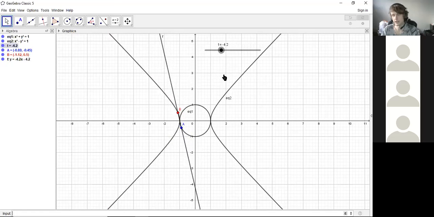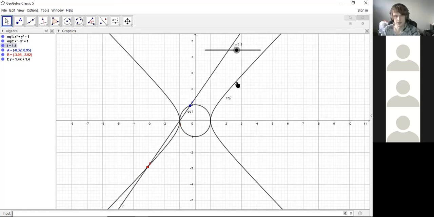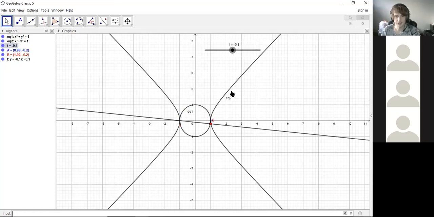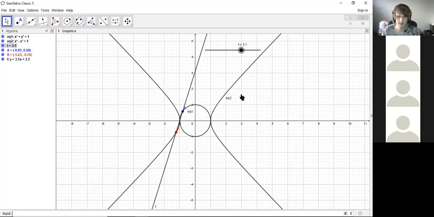So one problem, I guess, is that these points aren't moving with constant speed. The larger that the absolute value of t gets, the slower that they move. And that's actually related to the big thing that I want you to notice.